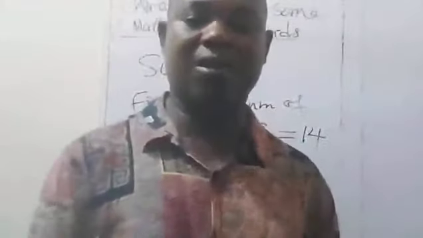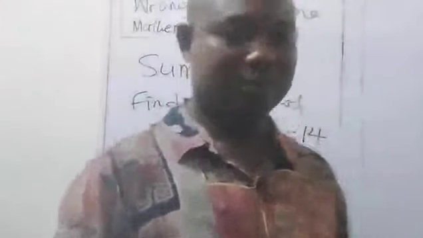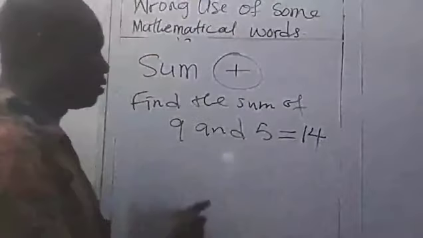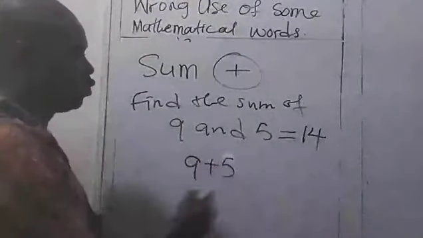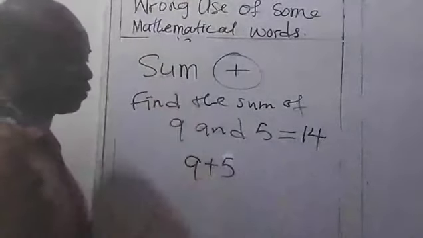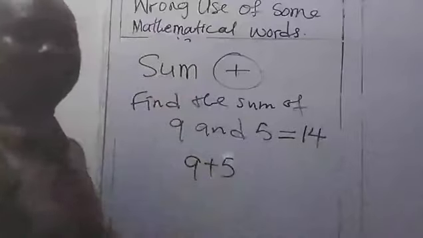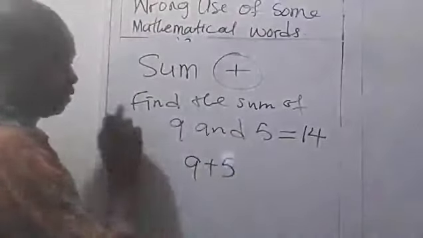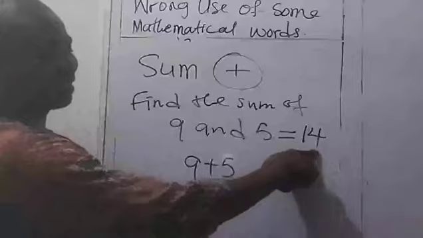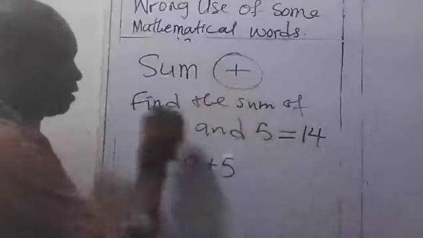Even as teachers, we say find the sum of 9 and 5, it means find 9 plus 5. I'm not saying to write 9 plus 5 is wrong, but don't say sum means 9 plus 5. Instead, tell the answer to the students or to the pupils. This is the answer you get after you have added.